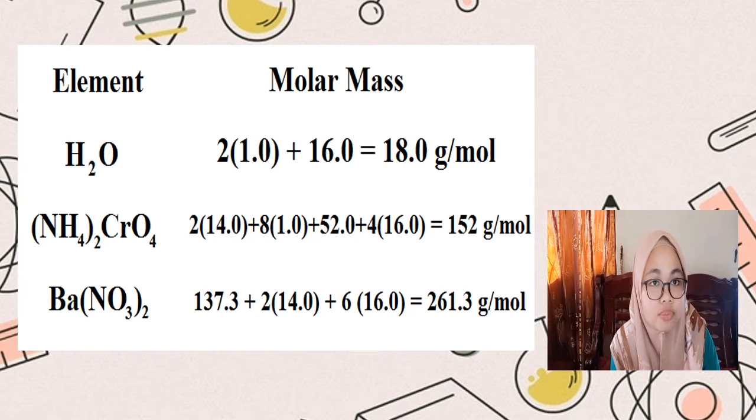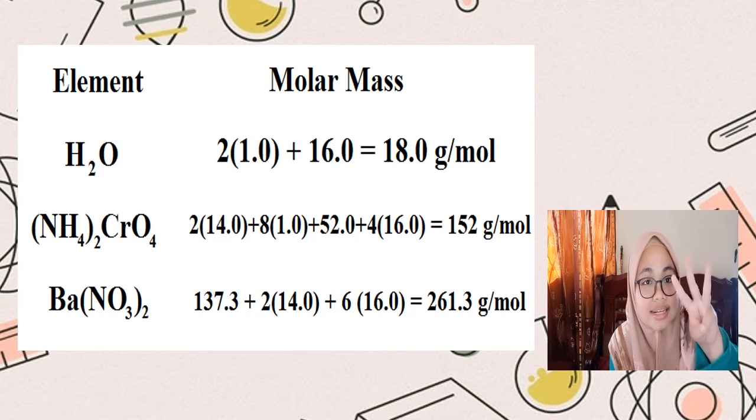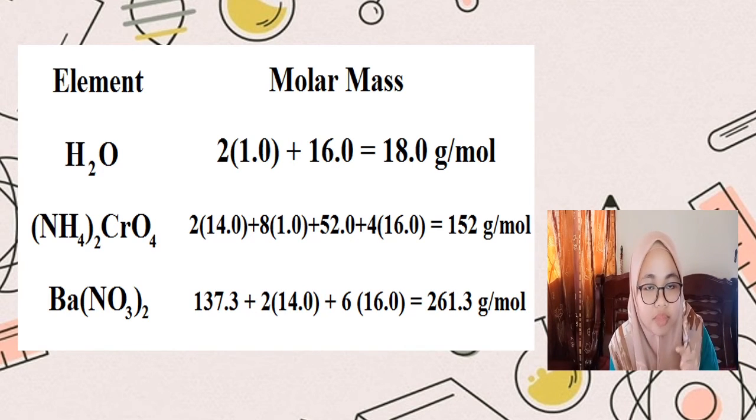The third compound in molar mass is Ba(NO3)2. You can use the formula mass: 137.3 plus 2 bracket 40.0 plus 6 bracket 60.0, divided to 261.3 gram per mole.